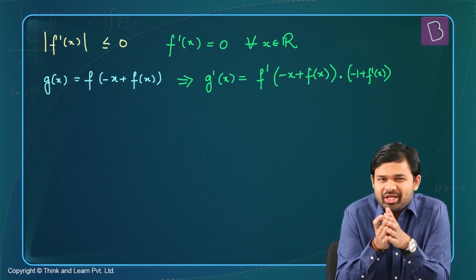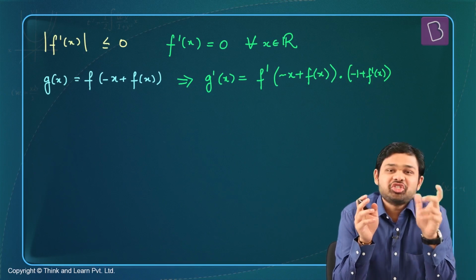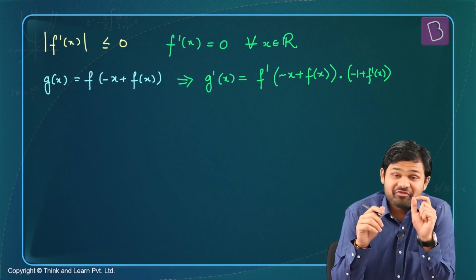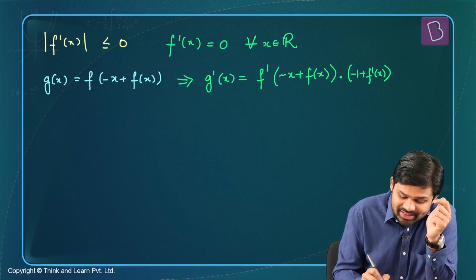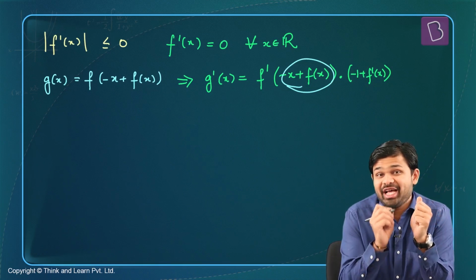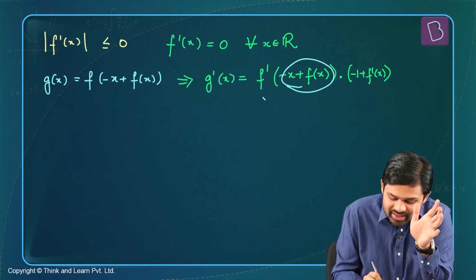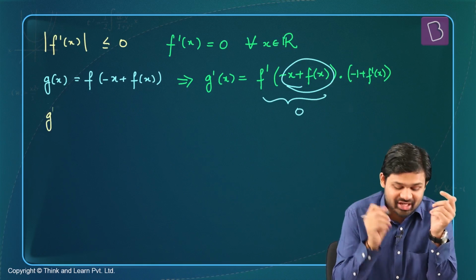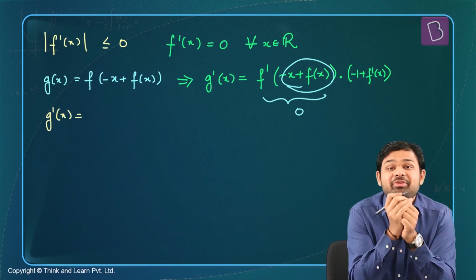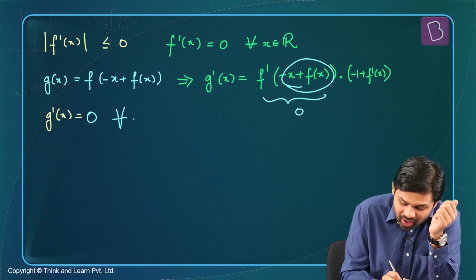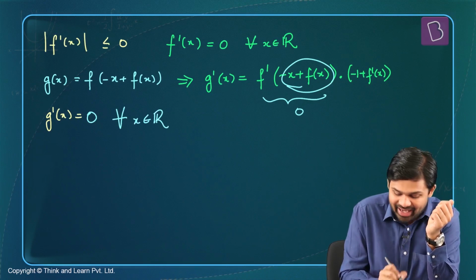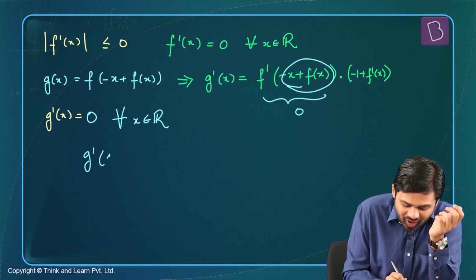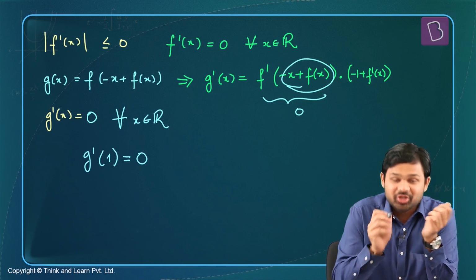Now, even those students who would have forgotten the chain rule will get this question correct from here on, because f dash of whatever is the argument, f dash of anything is equal to 0, correct? So g dash of x is also going to be equal to 0 for all real numbers x. And 1 is also a real number, so g dash of 1 is actually equal to 0.